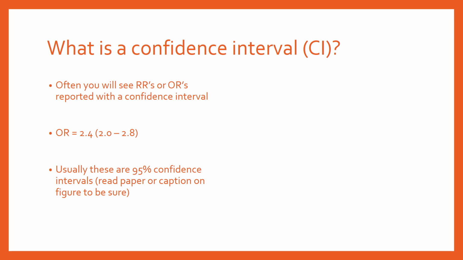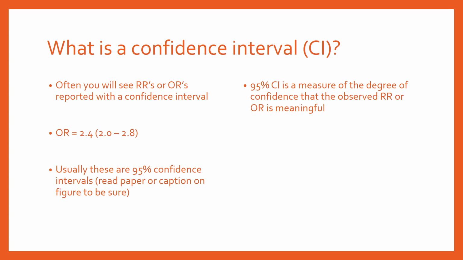The two numbers in the parentheses, that's the confidence interval. It's an interval of two numbers. What these mean is that it's a measure of the confidence, or the degree of surety, that the observed relative risk or odds is truly meaningful.